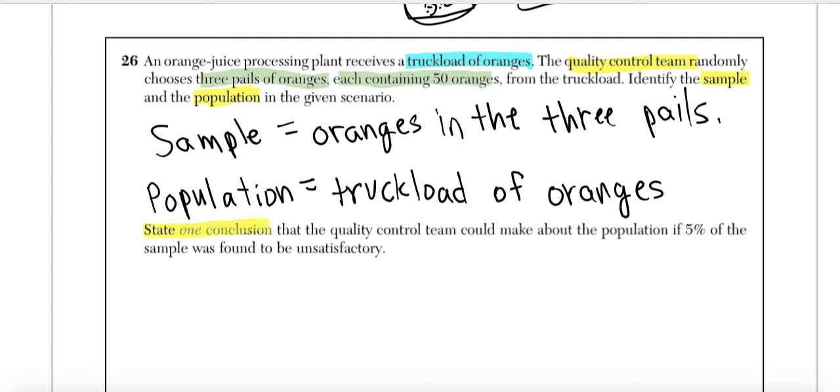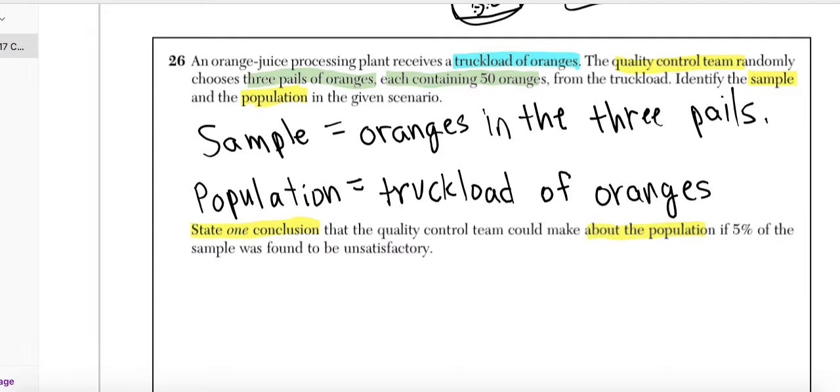State one conclusion that the quality control team could make about the population if 5% of the sample was found to be unsatisfactory.